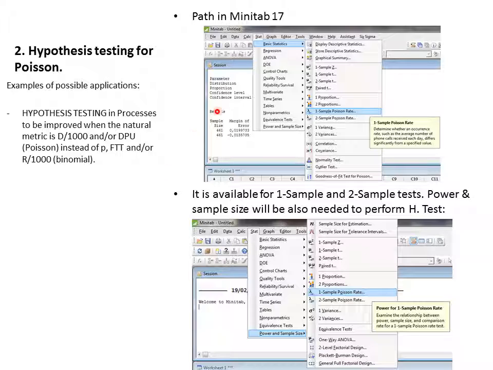So we can find this tool following this path in the menu: Basic Statistics, and 1-Sample Poisson Rate and 2-Sample Poisson Rate. Also, before doing this, we have to be sure that we are using a correct sample size for certain beta and alpha risks.